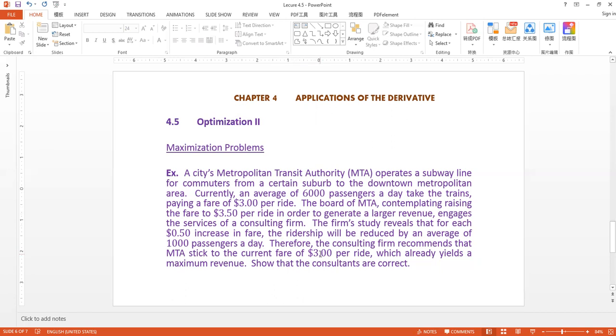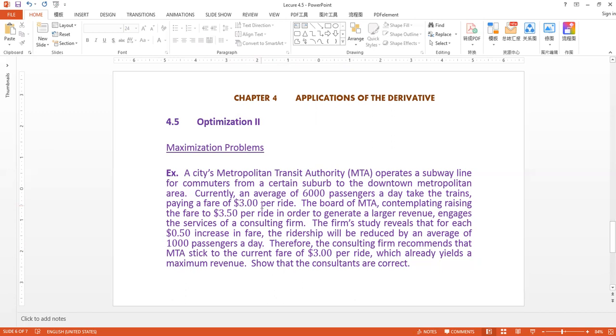So how do we do this problem? The first step is to assign some variables for the problem we're trying to solve. The number of passengers changes with the price of the fare of the ride, so we have two variables here.